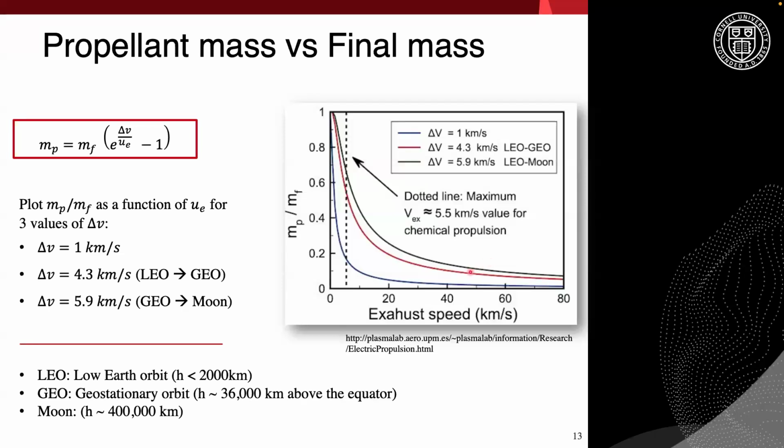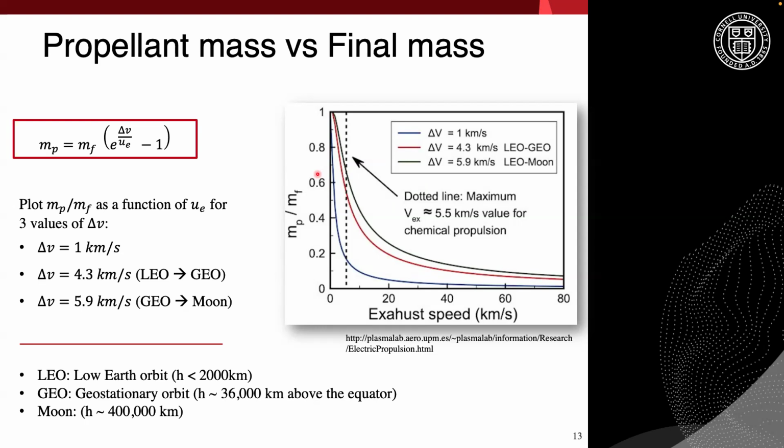For example, the electrospray thruster, which is one type of electric propulsion, can have an exhaust speed higher than 50 kilometers per second. So if you use an electric propulsion system, your consumption will be in the lower end here. However, if you use chemical propulsion instead, your consumption will be in the higher end here. That is why electric propulsion is said to be more mass efficient compared to chemical propulsion.